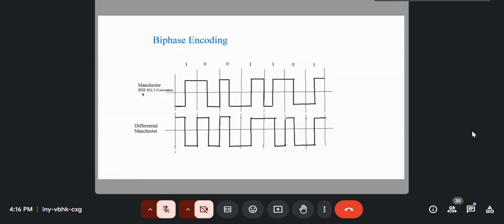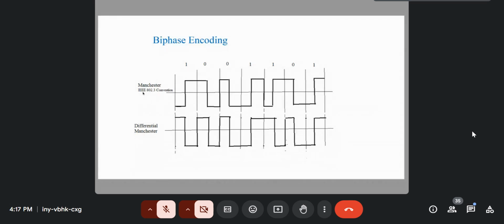There are two biphase level schemes. Well, there are many, but the others are just variants of these. One is the Manchester, which comes in two variants. That is the IEEE 802.3 convention. This one is used by wired Ethernet, which is IEEE 802.3.